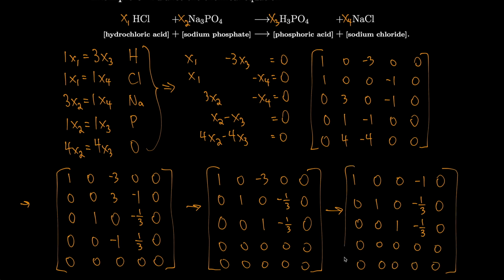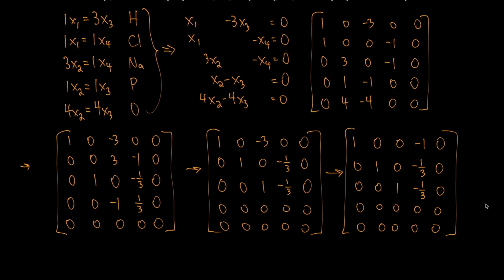Okay, so that tells me, since I have 2 rows of zeros, I have a whole bunch of options when it comes to balancing this chemical equation, because these 3 variables will be explicitly defined in terms of my free variable x4.